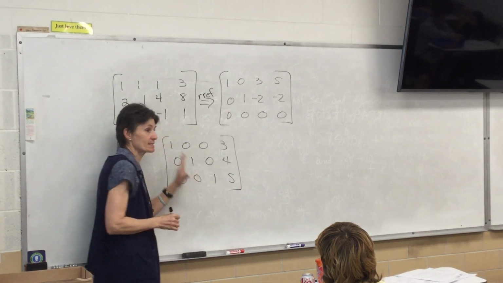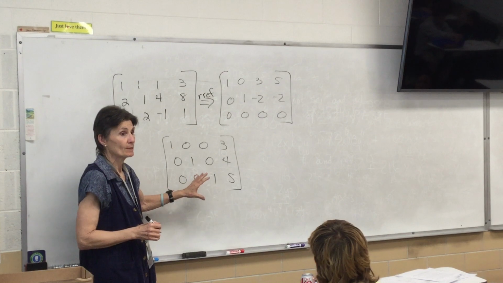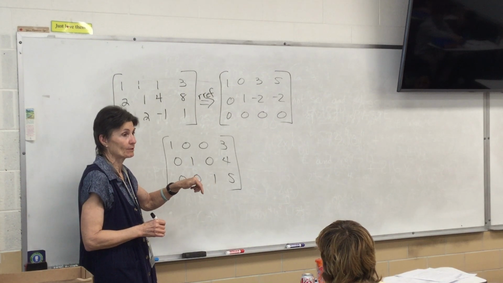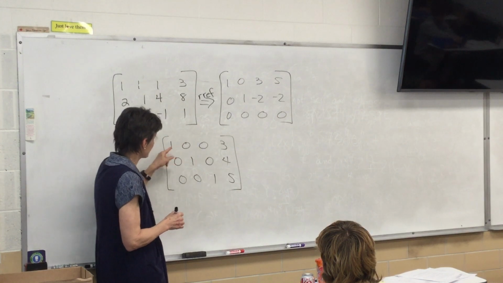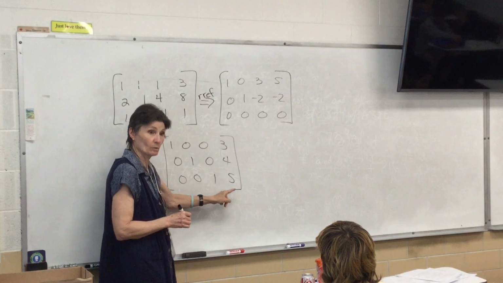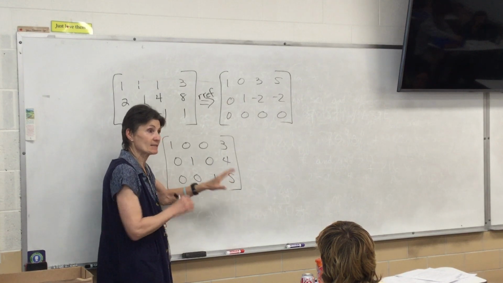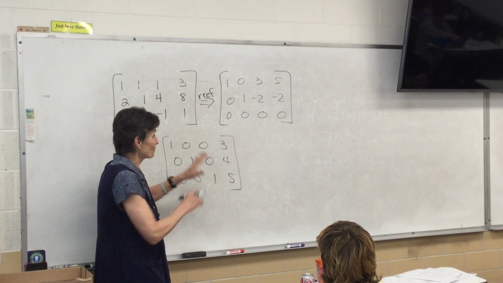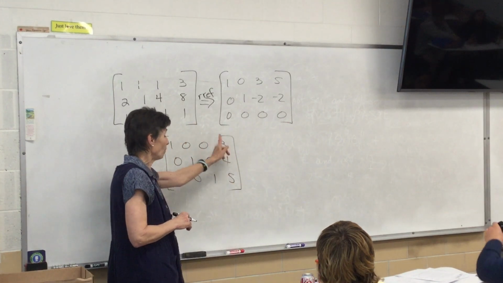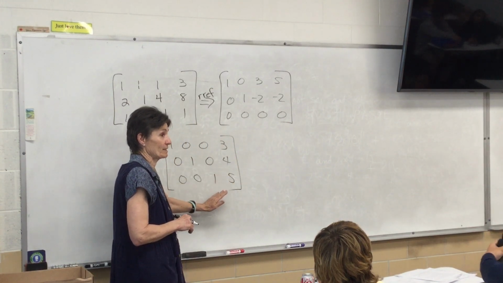This is the best case scenario. This is what happened the last time we RREF'd on our calculator. This literally says x equals 3, y equals 4, z equals 5. Right? That is the best case scenario. That's all 3 planes coming together in the corner. That point right there. That's perfect.